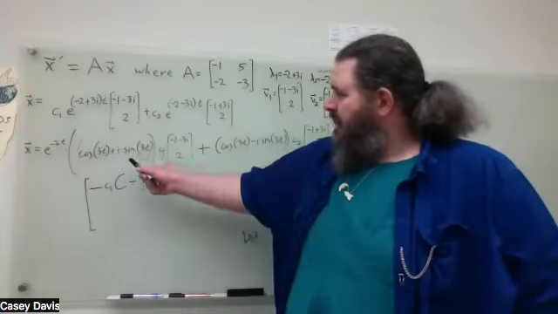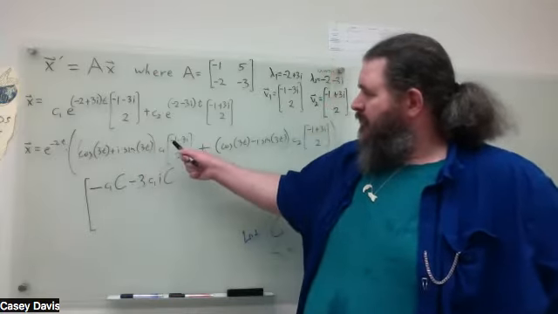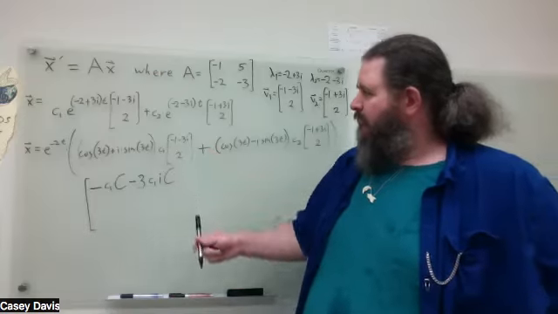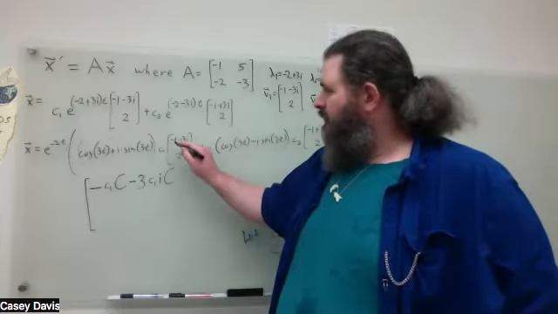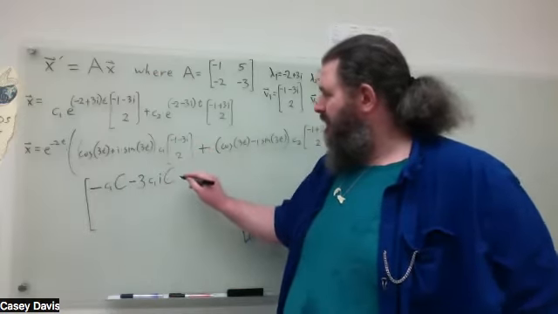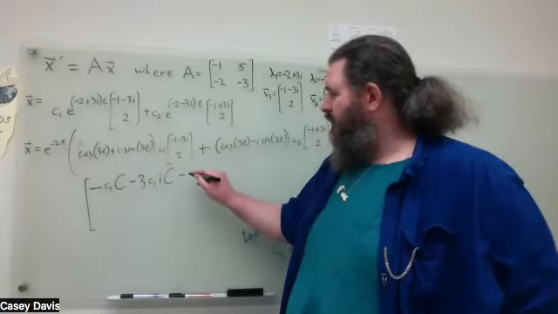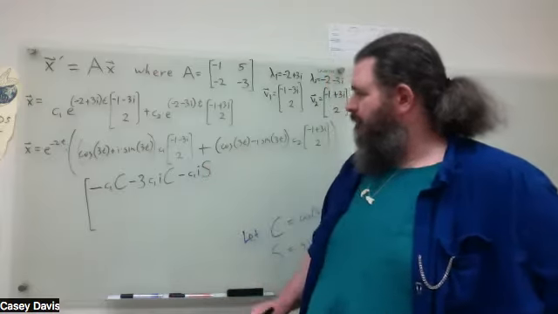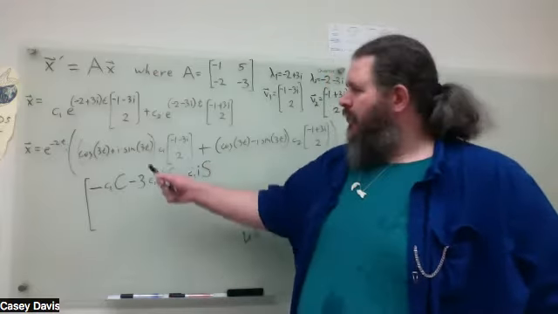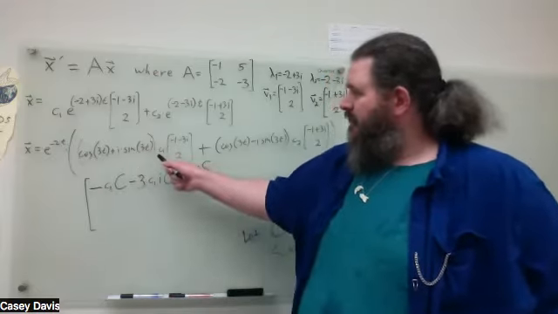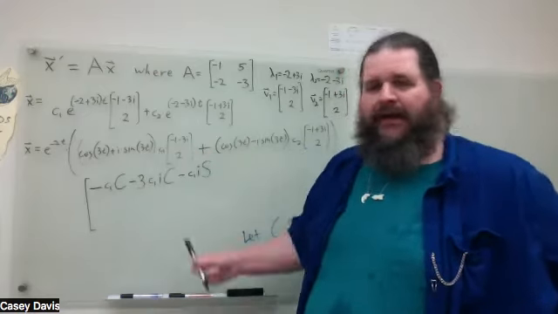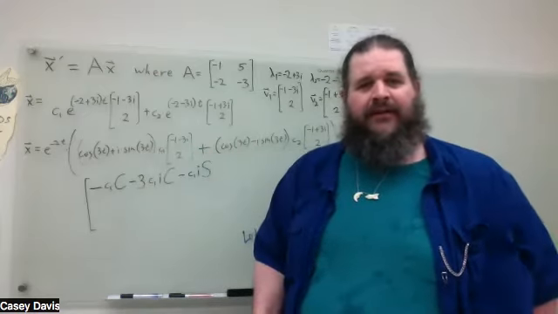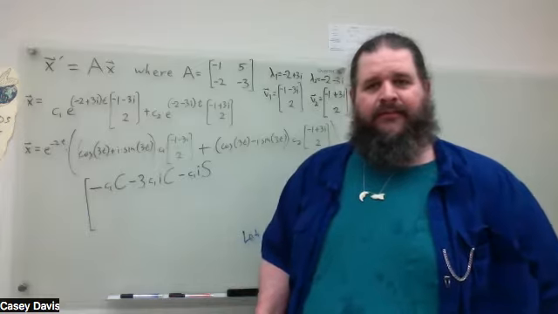And likewise, the i sine 3t gets multiplied by c1 and both of those. So minus 1 times c1 times i sine 3t. So minus c1 i sine 3t. And also i sine 3t times c1 times negative 3i. And what does the i times i turn into?